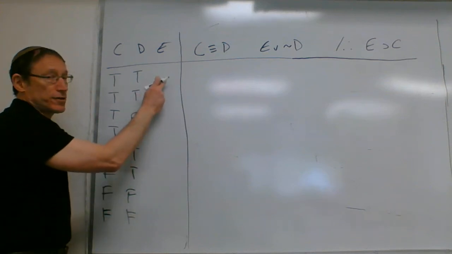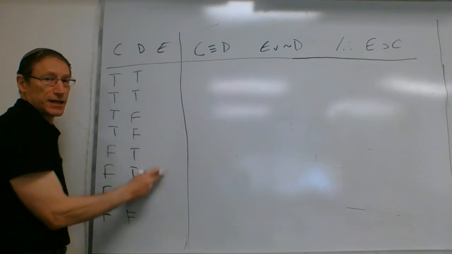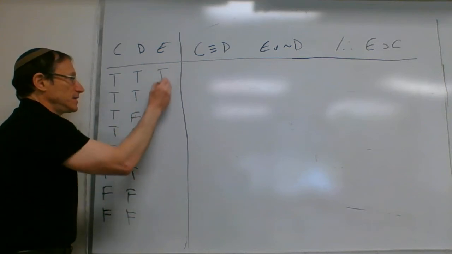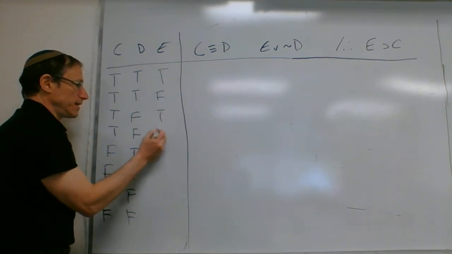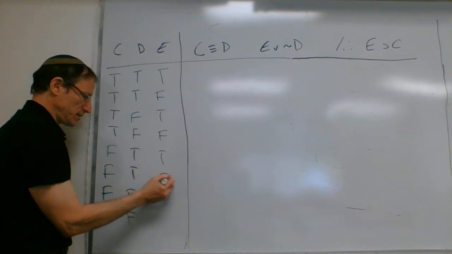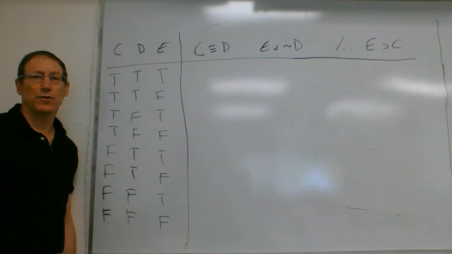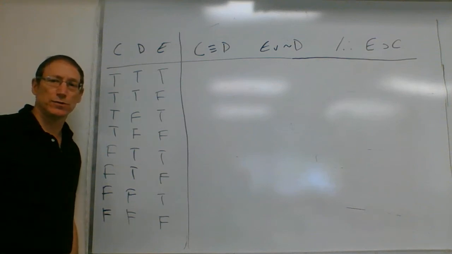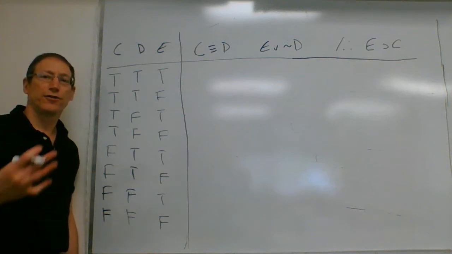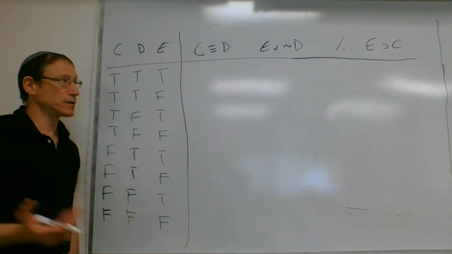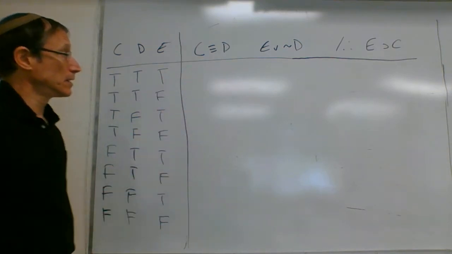And then the last one, the third one, you alternate T, F, T, F, T, F, T, F. Okay, so those are all the possible combinations of truth and falsity when you have 3 components in your argument.